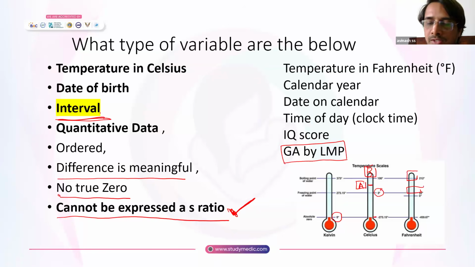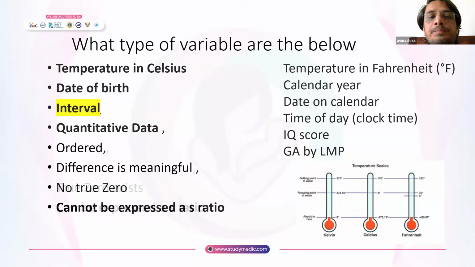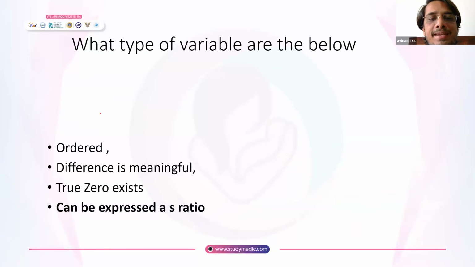The next scale of measurement is the ratio scale, where we can express values as ratios because a true zero exists.